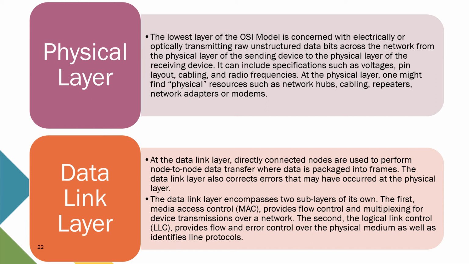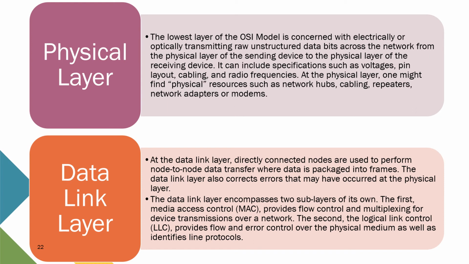It can include specifics, for example, the voltage, the pin layout, cabling, and radio frequency. This physical layer is also concerned with resources, for example, the network hub, cabling, repeaters, network adapters, or modems. So this is more about the physical, electrical things involved in how to transmit the data.